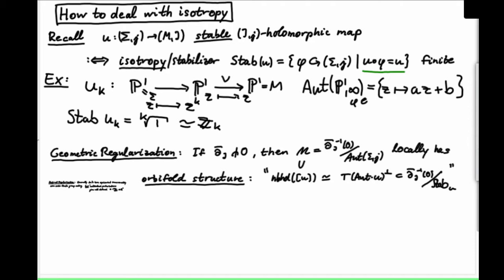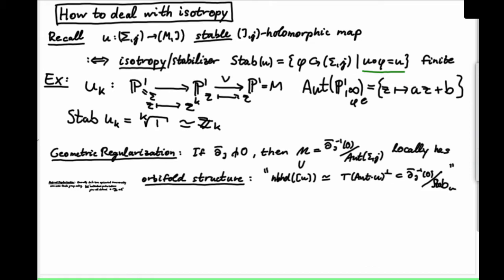So locally this looks like the perpendicular complement to a group orbit, modulo something.